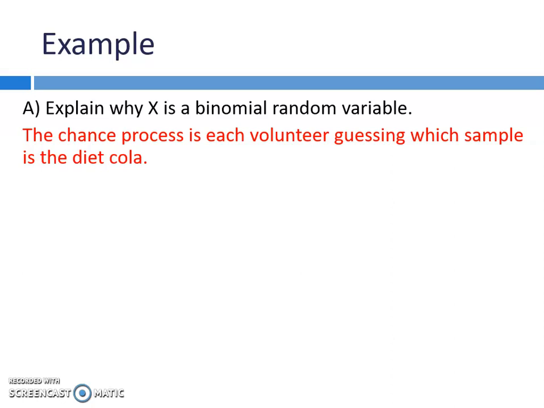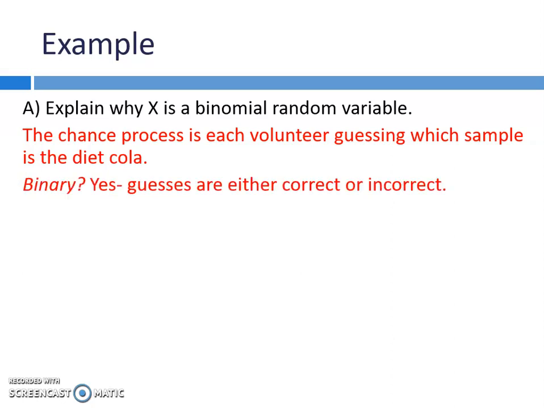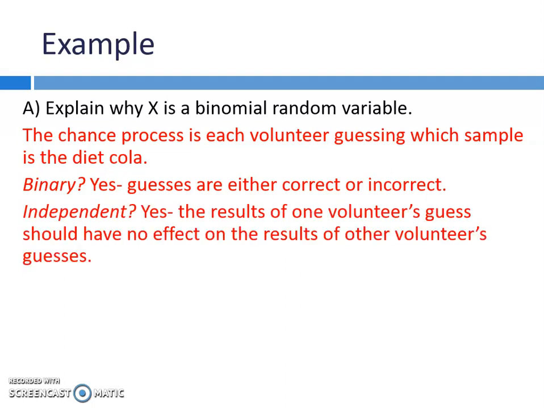So explaining why it's a binomial random variable. The chance process is each volunteer guessing which sample is the Diet Cola. So let's go through our BINS. B stands for binary. And yes, this is binary. Either the guesses are correct or they are incorrect. I stands for independent. And again, yes, the results of one volunteer's guess should have no effect on the results of other volunteers' guesses.